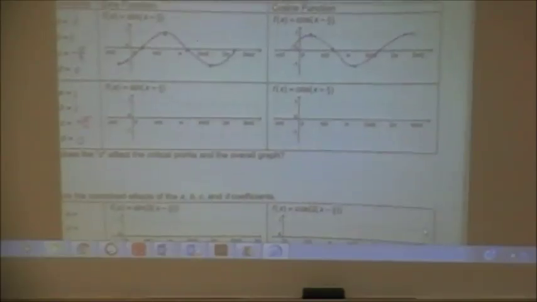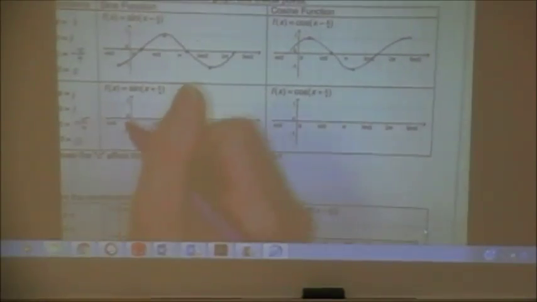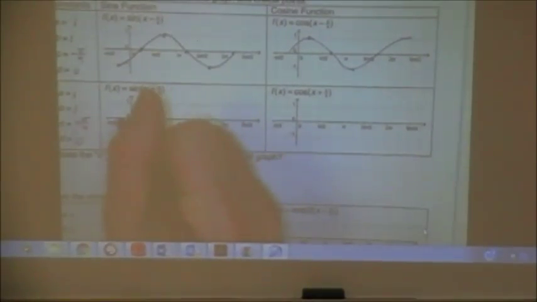This one's shifting the other way, because the plus pi over 4 is shifting back.